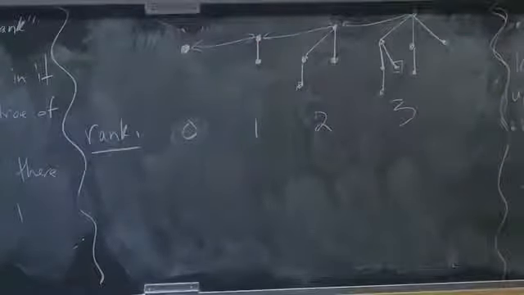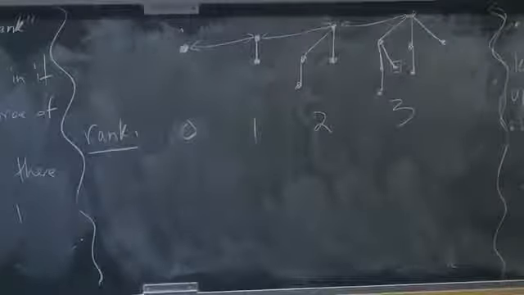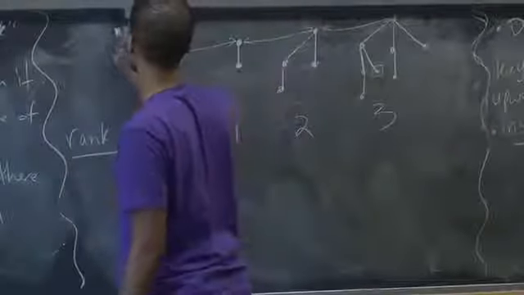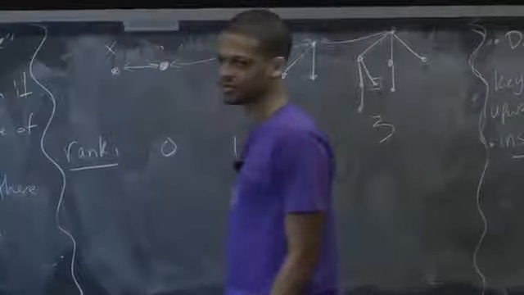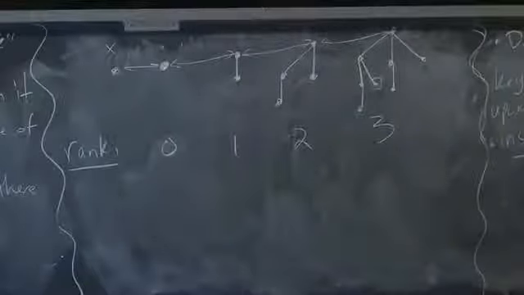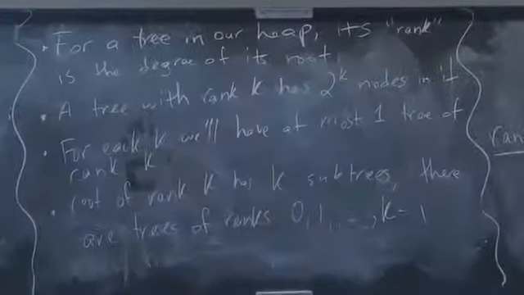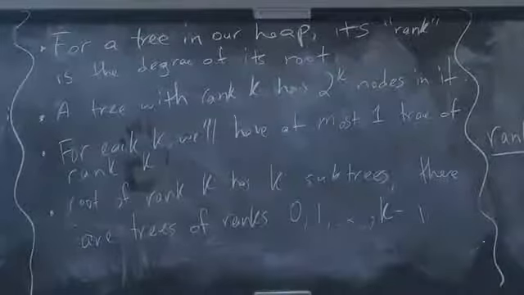We take x and just add it onto this linked list. Now here's our value x. We just inserted x, but now we're violating our property that we should have at most one tree of rank k, because now we have two trees of rank 0. So what do we do?